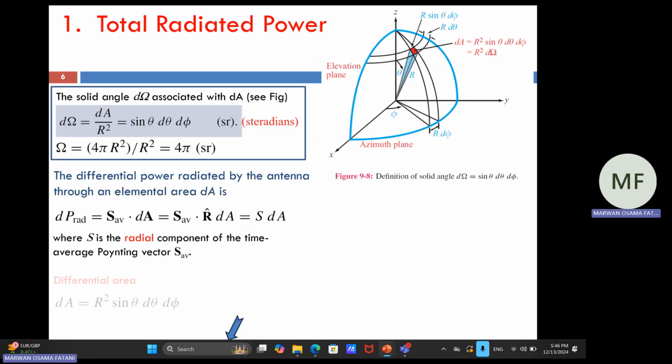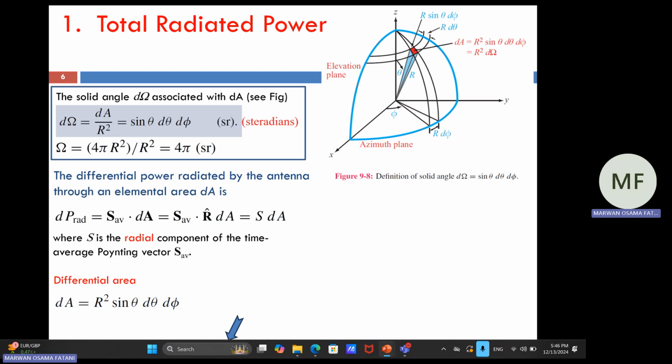Now we're going to talk about the total radiated power. The definition of the total radiated power is the energy the antenna sends out into space from the given energy that it has.